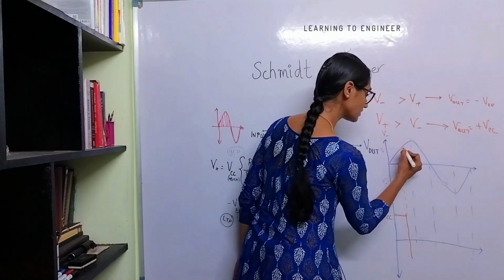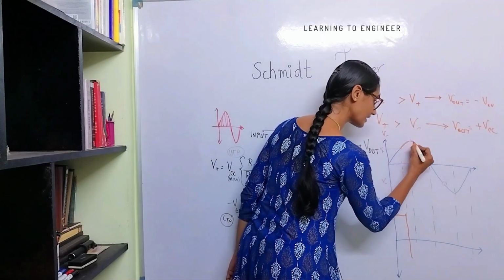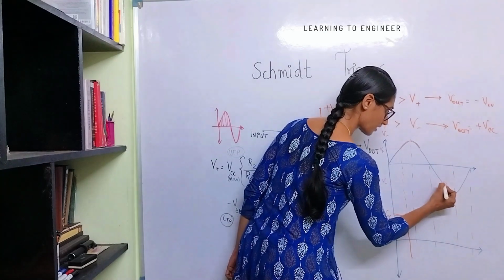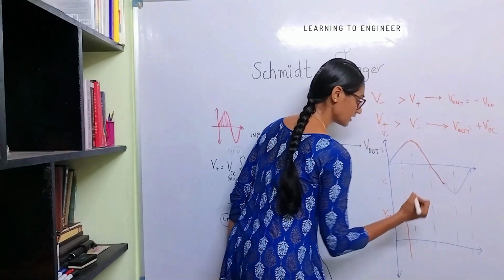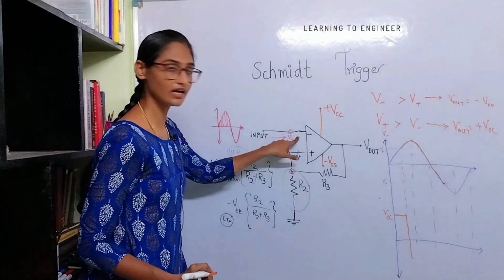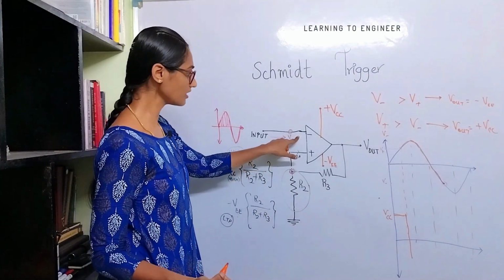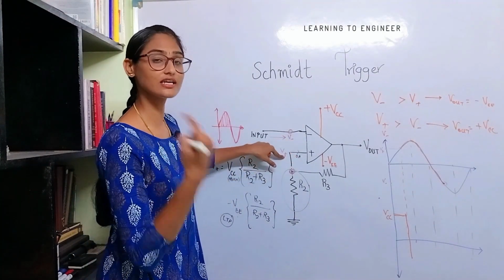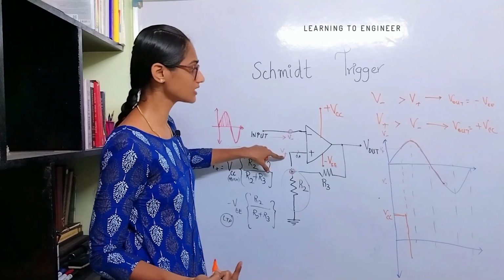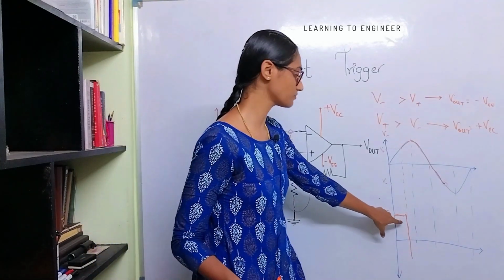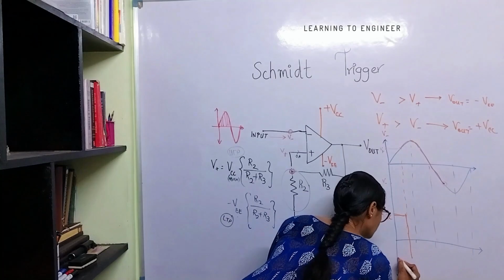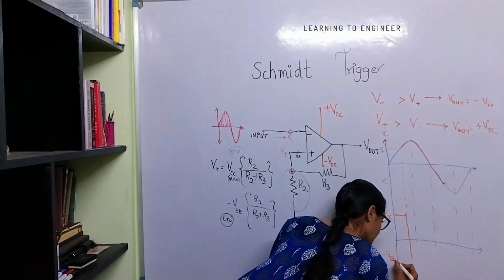From here up to the next threshold, the negative voltage is going to be higher. Only when V plus becomes higher than V minus will you get the output equal to plus VCC. Otherwise, this will be equal to minus VEE.